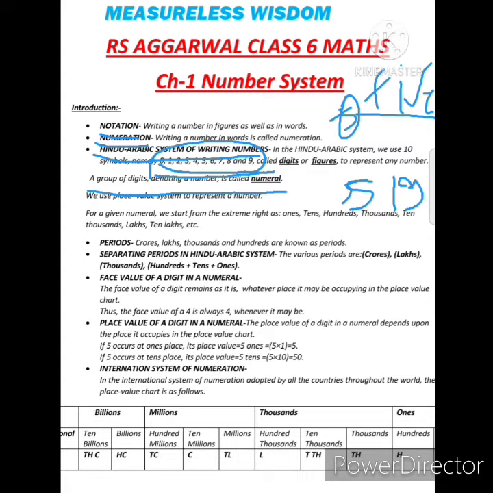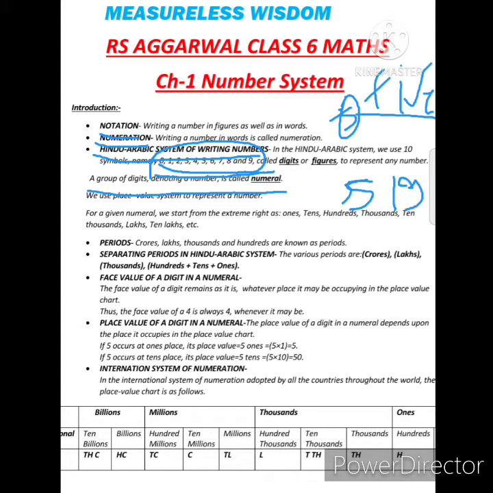This type of formation is known as a numeral. A group of digits denoting a number is called a numeral. It means that when two or more digits gather, they make a numeral.